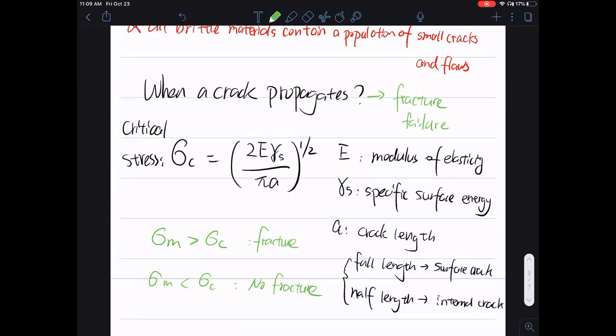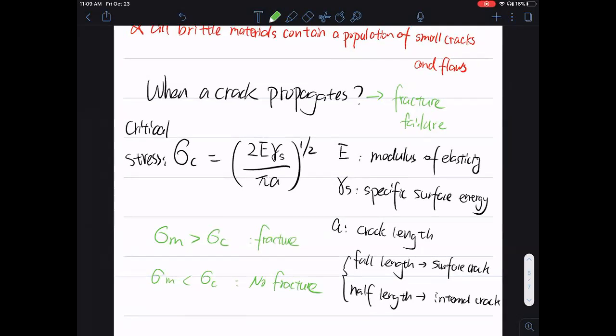So sigma c here is the limit point, the maximum stress you can have. Once the stress is greater than that, you're going to crack. Everything's going to crack. You're going to have fracture. That leads to failure. So today we're going to practice how to use those two equations. But before we start, any questions on those two equations we learned on Monday?